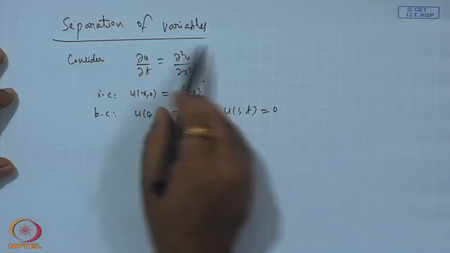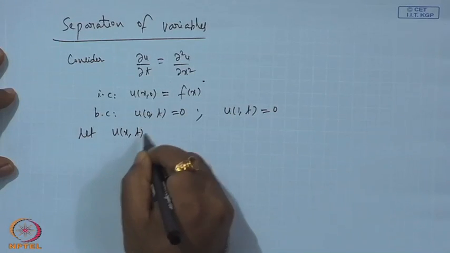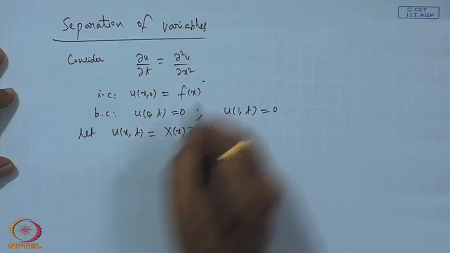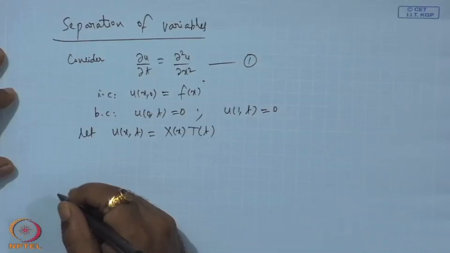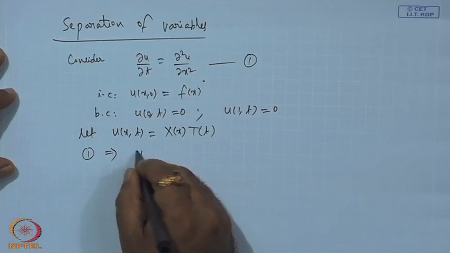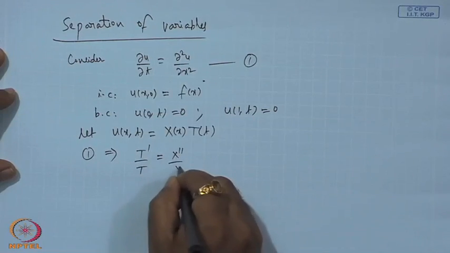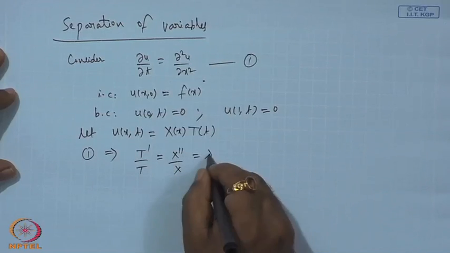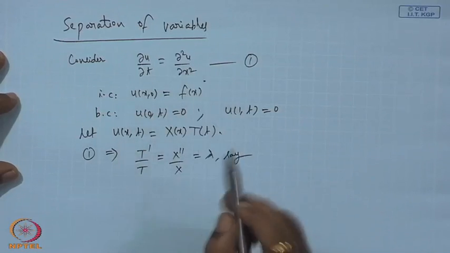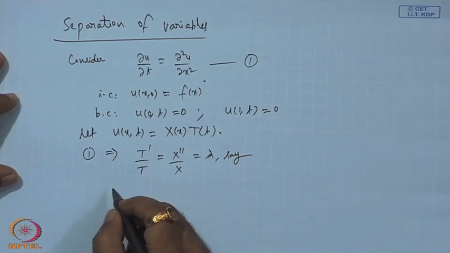since we would like to try a separation of variable solution, let u equal a function of x times a function of t. Okay, so then equation 1 implies we get a separation constant, lambda say. So by substituting this in 1, we get this. Okay. So independently we solve. Okay.